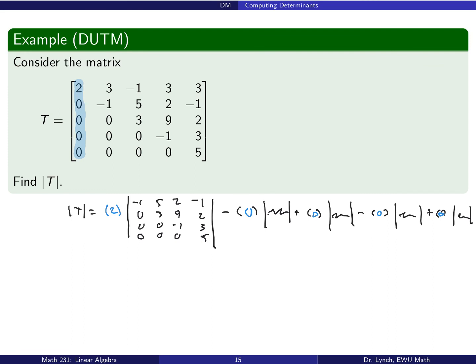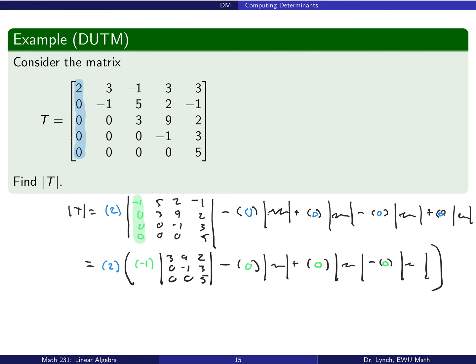To find the determinant of this 4x4 matrix, we'll expand along its first column also, leveraging all the zeros in that column. The determinant of this 4x4 matrix is -1 times the determinant of a 3x3 matrix, plus a bunch of zeros there too.